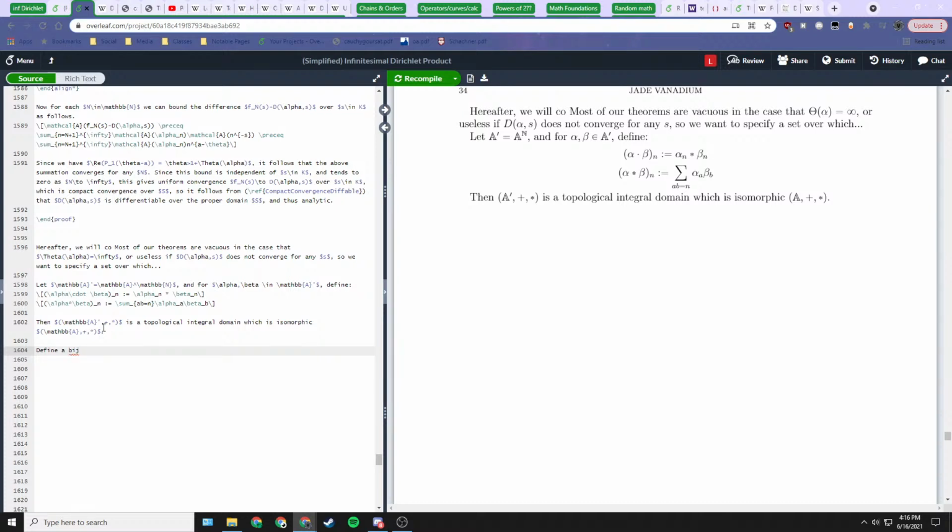bijection. Actually, let me think on this. Let p sub 1, p sub 2, and so on be the prime integers. Then let varphi map N squared to N be any bijection. So this is a bijection.